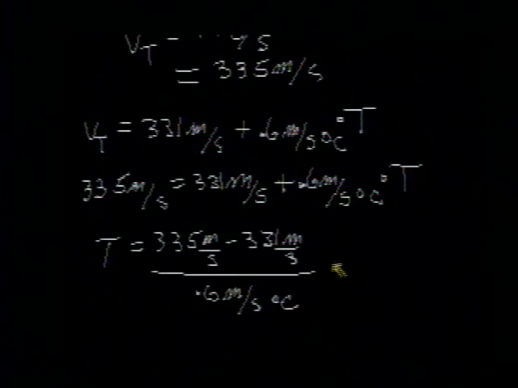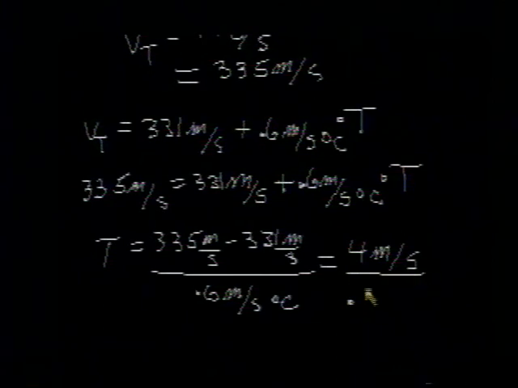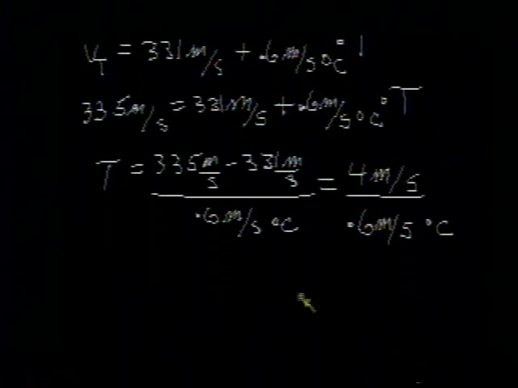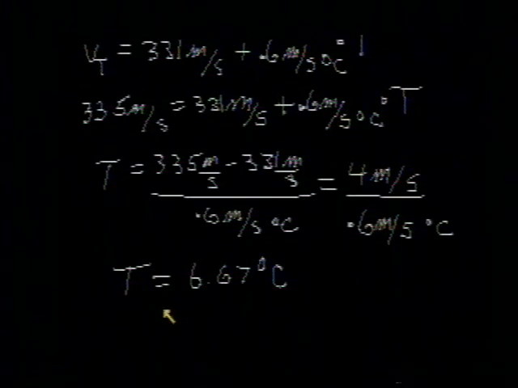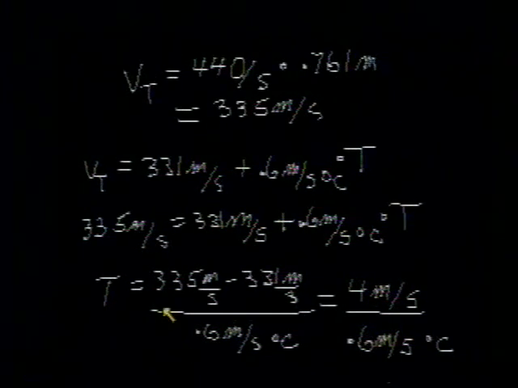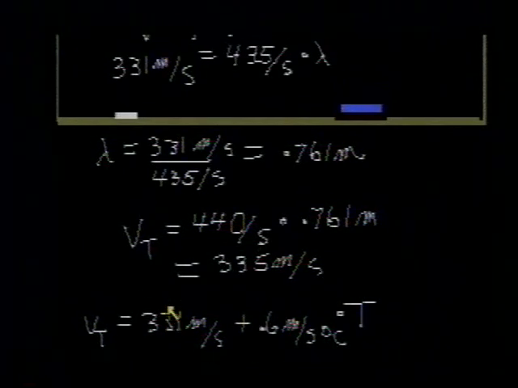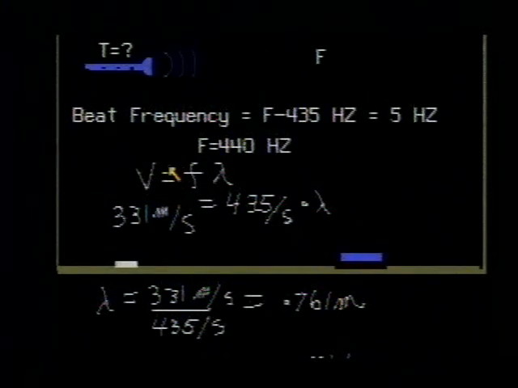This is simply 4 meters per second divided by 0.6 meters per second per degree centigrade, and if you carry out that division, you come out with 6.67 degrees centigrade as the temperature in that flute. Alright, so 6.67 degrees is the unknown temperature of the second flute, and that solves our problem.